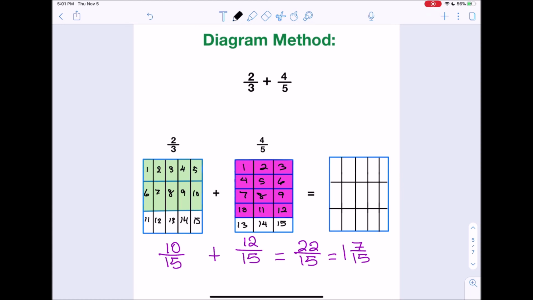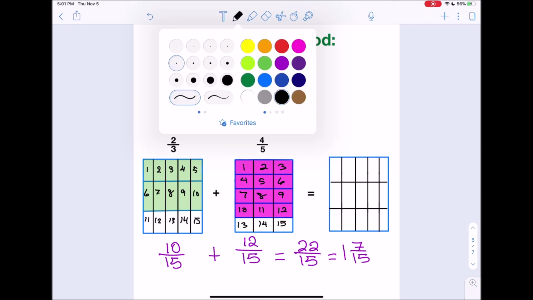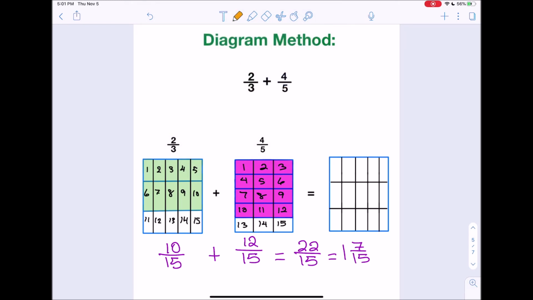Okay, so another thing we could do, if you want to see it on the rectangle, is we had 10 out of 15 on the first one, so I can go ahead and color in 10 out of the first one, so that's going to be 2 rows there.